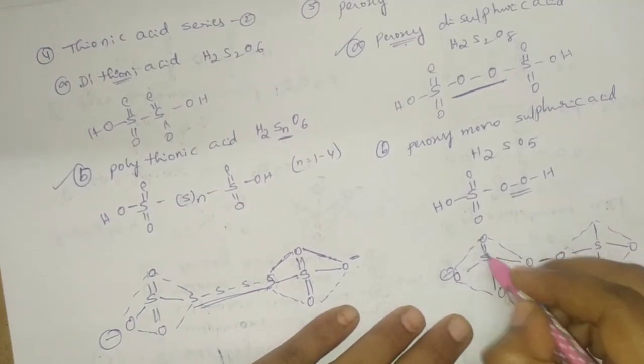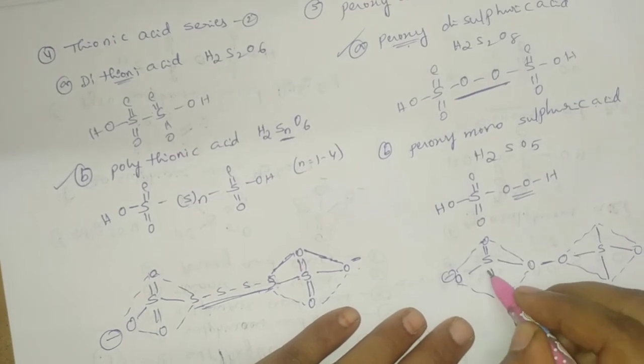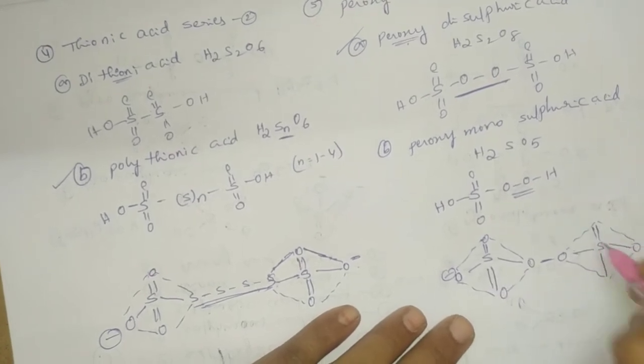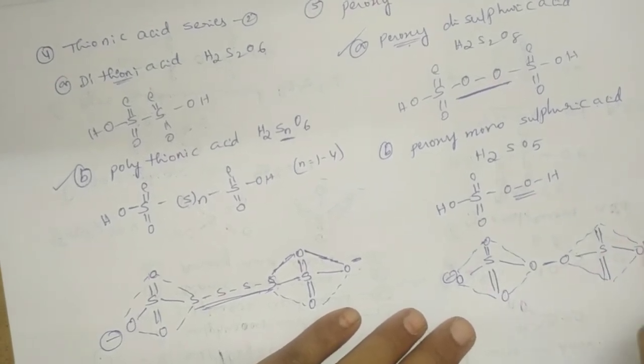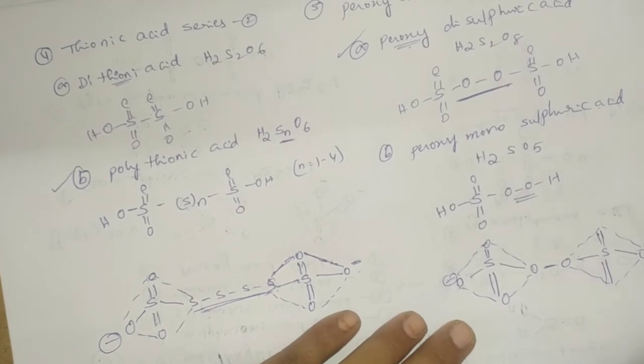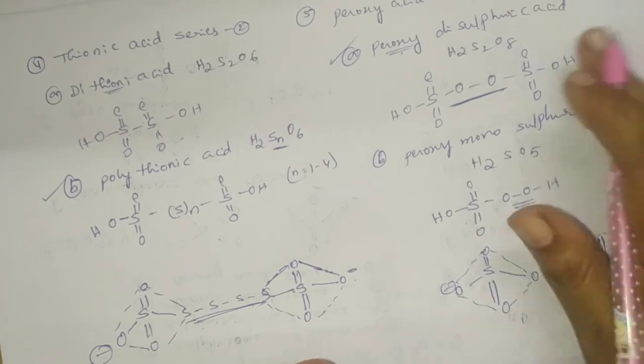Like this. Here double bond, here double bond, here double bond, here double bond. Here loss of hydrogen. Okay, so this is about peroxy linkage.